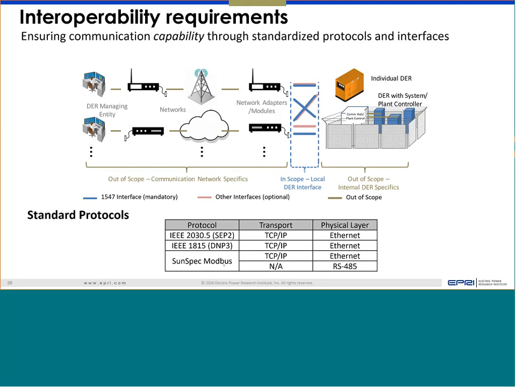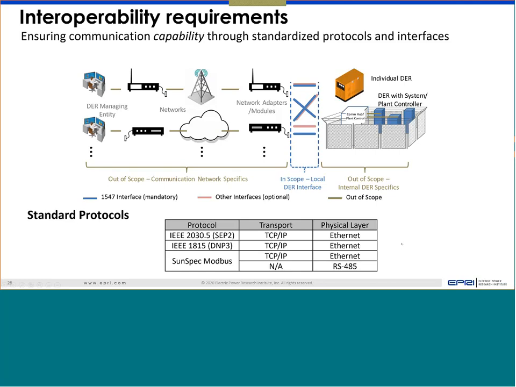So it listed all the known protocols that can support the smart inverter functions. The DR has to support at least one of them. Whether it supports more than one, or a proprietary protocol in addition to one of the standard protocols, there are no limitations. The requirement is that it has to support at least one of those 3 protocols, and the transport and physical layers also have to be supported accordingly.